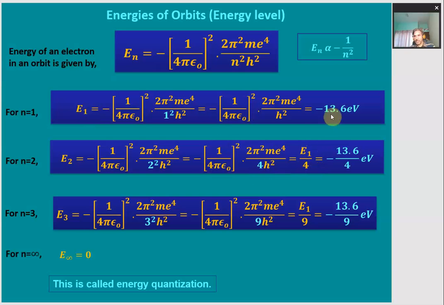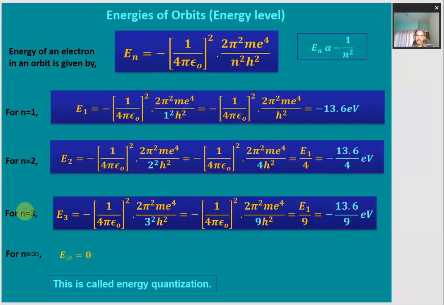E1 is nothing but minus 13.6. Therefore the energy of the second orbit, E2, is minus 13.6 divided by 4 electron volts. There will be no energy level in between n is equal to 1 and n is equal to 2. Either the electron can lie in the n is equal to 1 energy level corresponding to this energy, or in the orbit having principal quantum number 2, so that its energy is this.